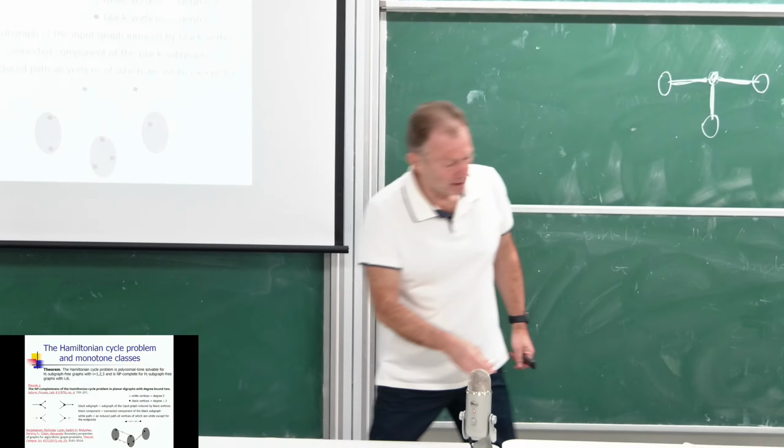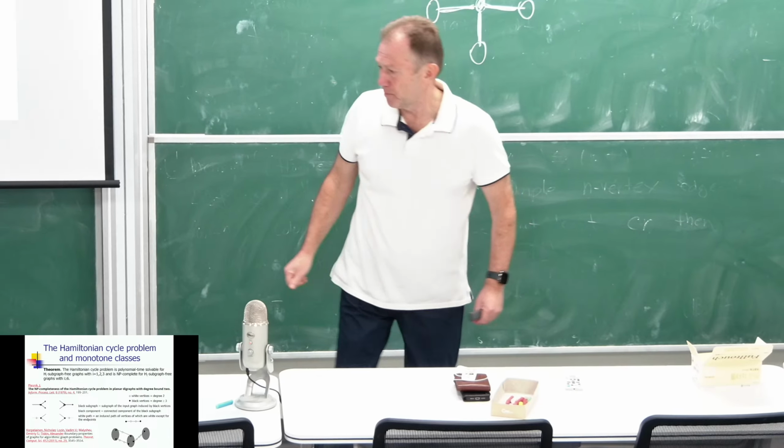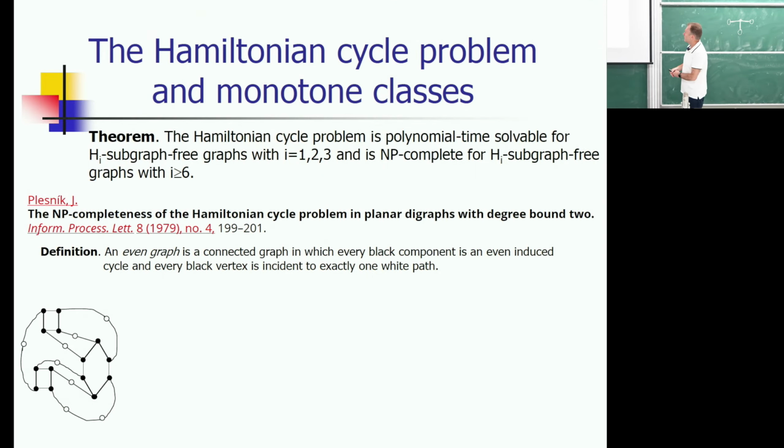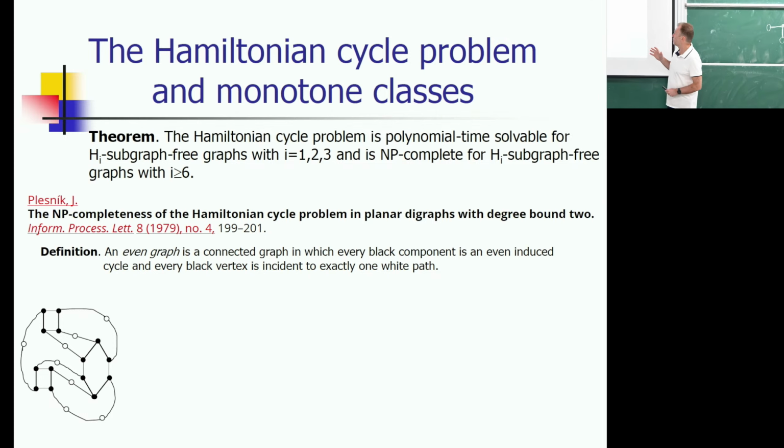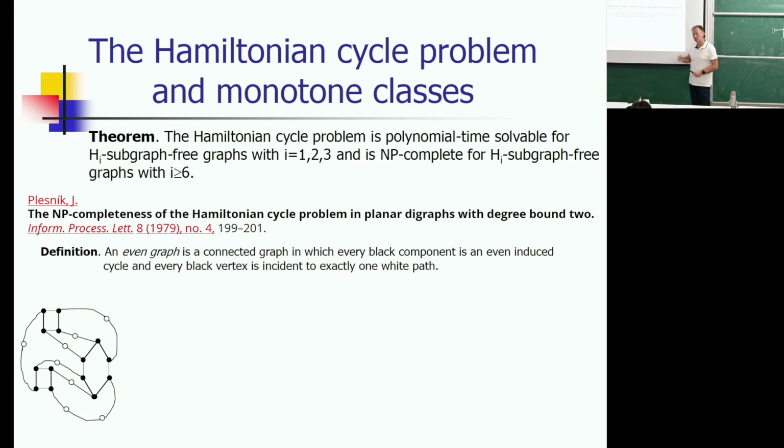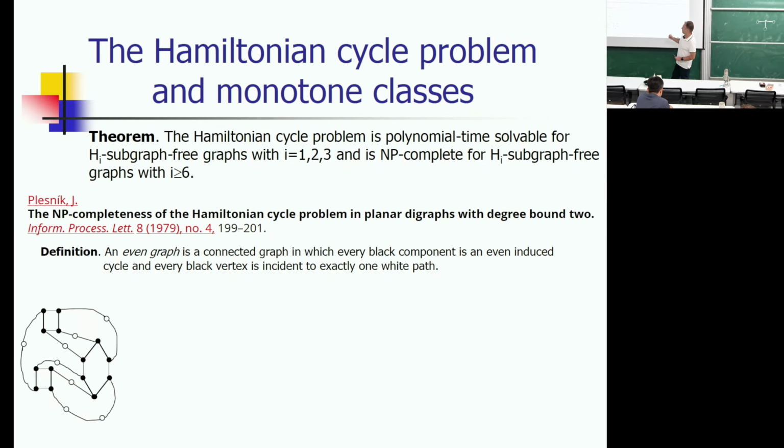Okay, so having introduced this terminology, let me now define a notion which I believe is important in this area, the notion of an even graph. It's a connected graph in which every black component is an even induced cycle, and every black vertex is incident to exactly one white path.